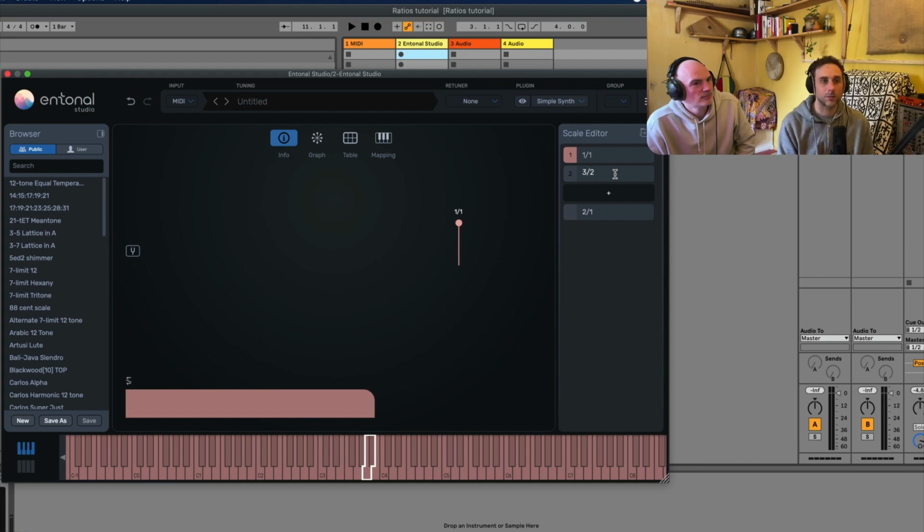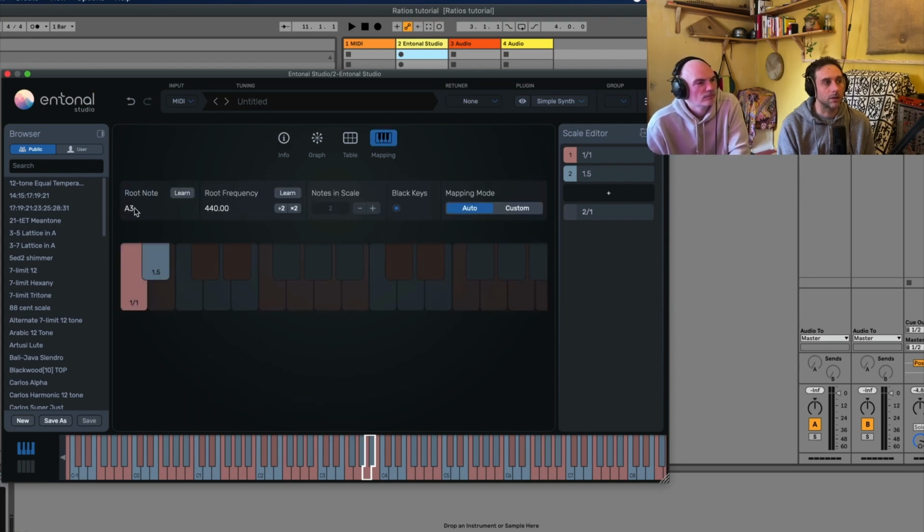Why 3 over 2? Well, 3 over 2 is the same as 1.5. See, they're equivalent. And this relates to our mapping. So let's have a look at the mapping now.